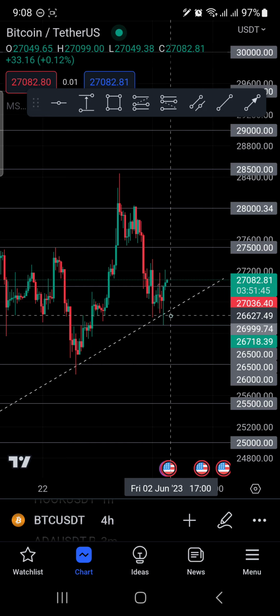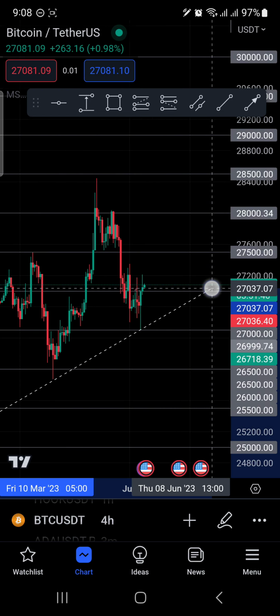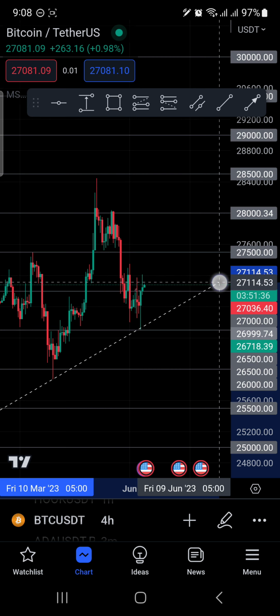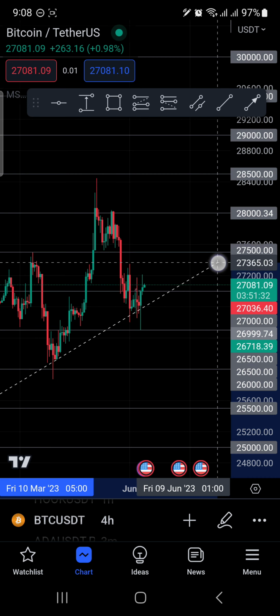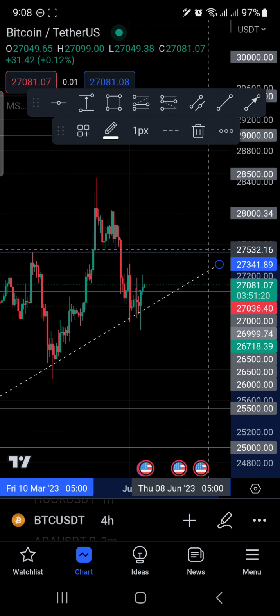That's what gives birth to this support here. So either you put it at the tip of the candle or at the candlestick itself, they both are valid, as you can see. So you can see what gave birth to this market reaction.